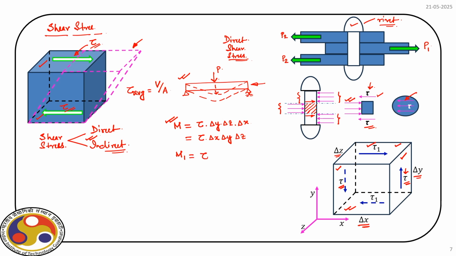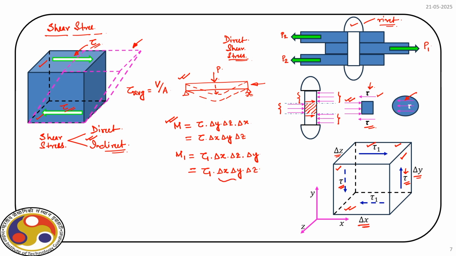So, that is tau 1 times the area, that is delta x times delta z. That is the force, which is multiplied by the lever arm. In this case it is delta y. So, what we have is tau 1 times delta x, delta y, delta z.